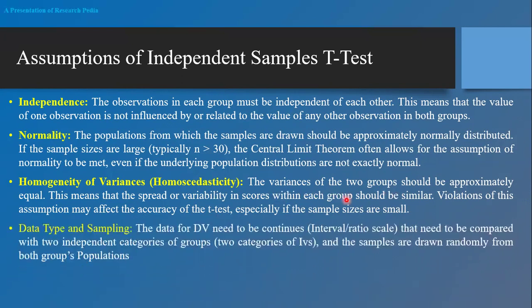That is another condition. Then data type and sampling. The data for the dependent variable needs to be continuous. So we need to use a continuous variable here. And the last is the comparison of a continuous variable with two different categorical variables. I will let you know this condition during the test procedure.